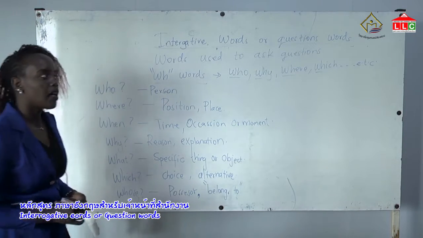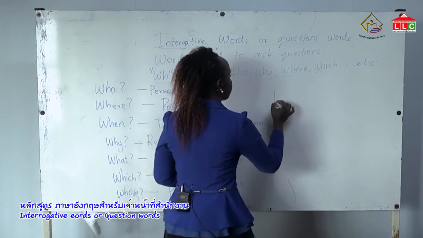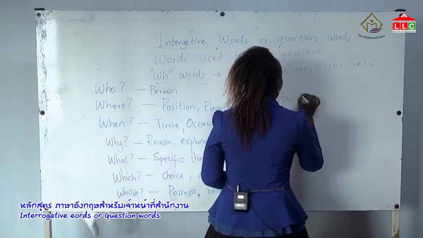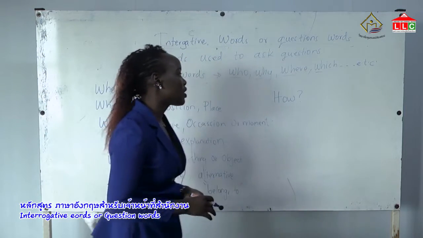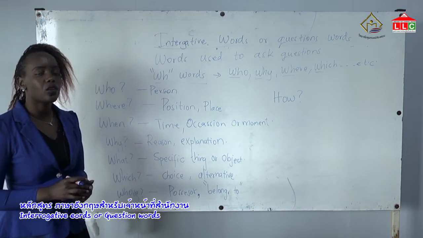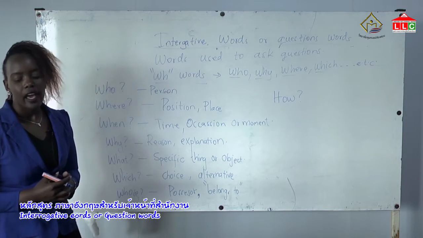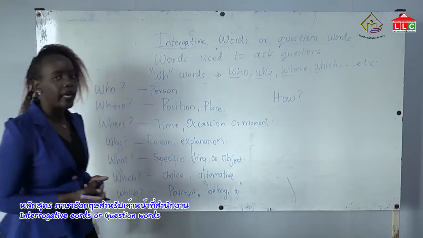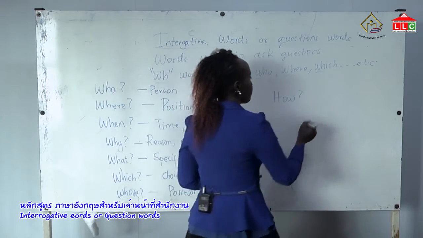And then we have the word how. Now you notice how doesn't have WH, but it is also an interrogative word. It is used to ask about way, manner, or form.